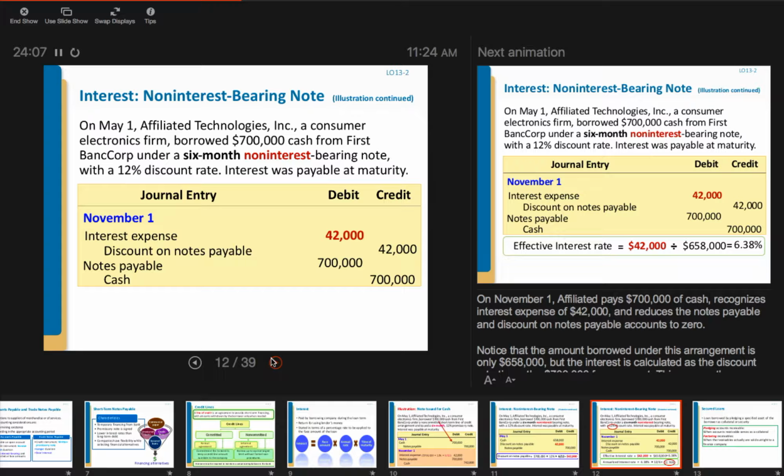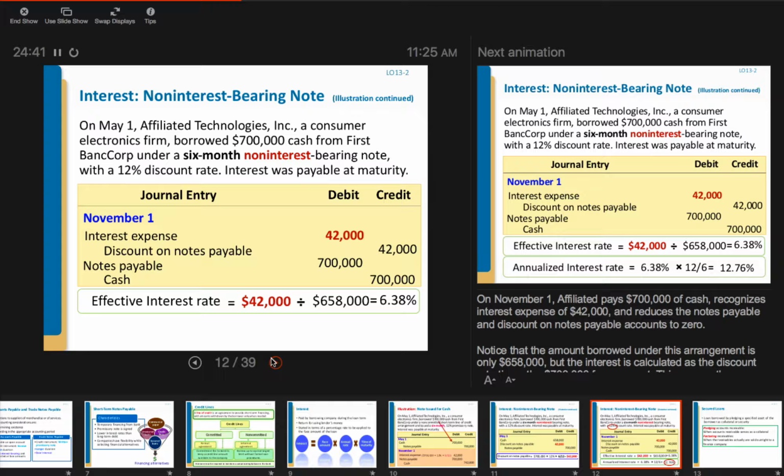So at that point, once that journal entry is done, there really wouldn't be a difference in how the accounts looked on your financial statements, whether you did a non-interest-bearing note like this or an interest-bearing note. Because either way, you're going to record an interest expense. In this case, you had a discount, but you canceled that completely out. And that's really the only difference between doing it as non-interest-bearing versus interest-bearing.